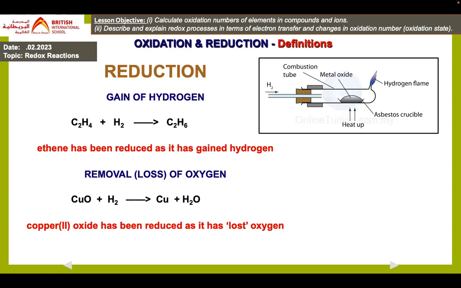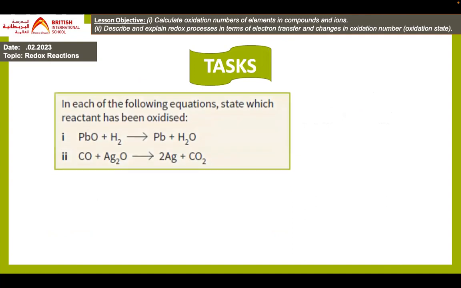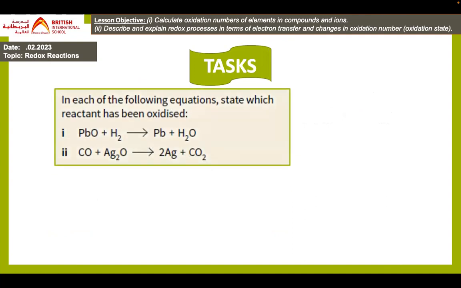So copper has lost oxygen, and loss of oxygen is called reduction. You have to check these reactions and check where there is oxidation.